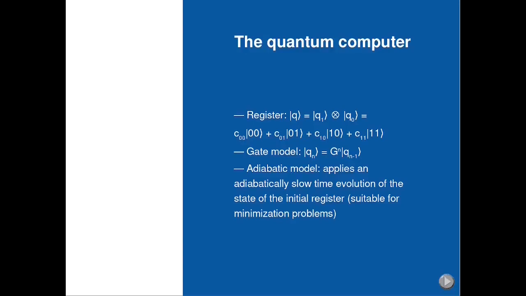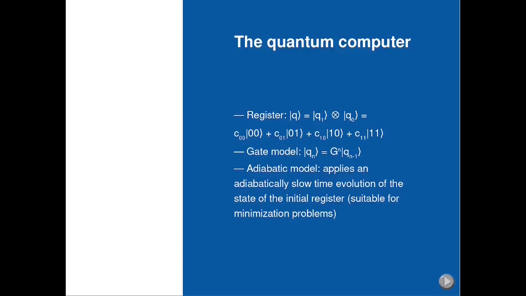There are 2 main models of quantum computation. The first one is the gate model that operates in a similar way as the classical computers. It is made over a circuit. This can also be called the circuit model, and this circuit is made by a number of gates.